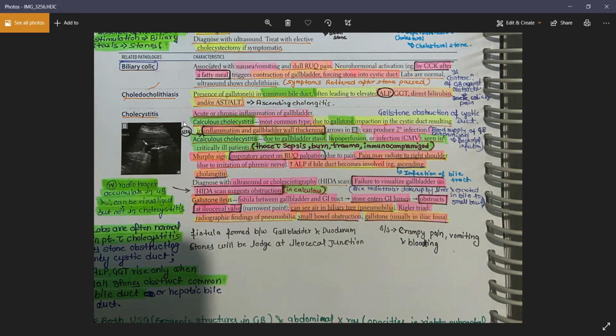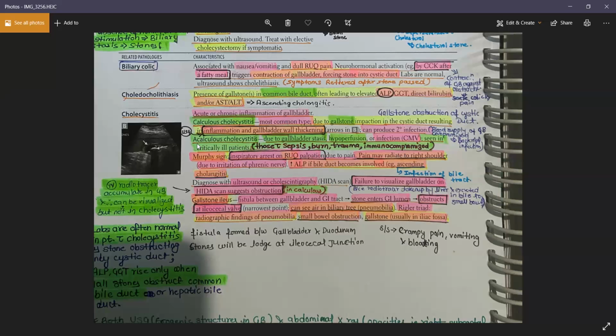Okay, so mostly this acalculous type of cholecystitis, it happens in the patient within the hospital, right? Maybe with the history of sepsis, maybe with the history of burn or any kind of hemorrhage, right? Or they can also have an infection with the cytomegalovirus, and generally this infection happens in the immunocompromised patients. So whenever you encounter a patient with sepsis, burn, trauma, or immunocompromised status, they can have an acalculous type of cholecystitis. Is that okay?